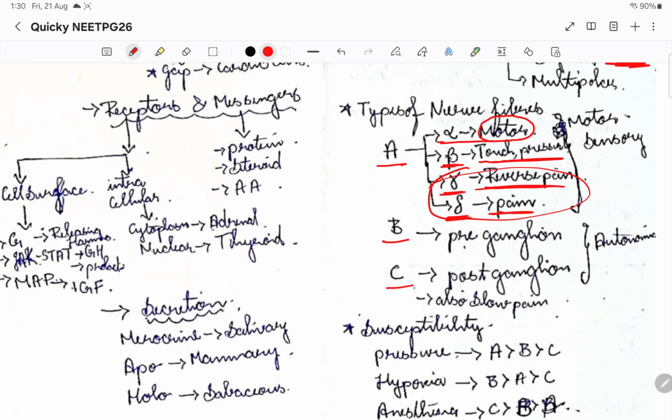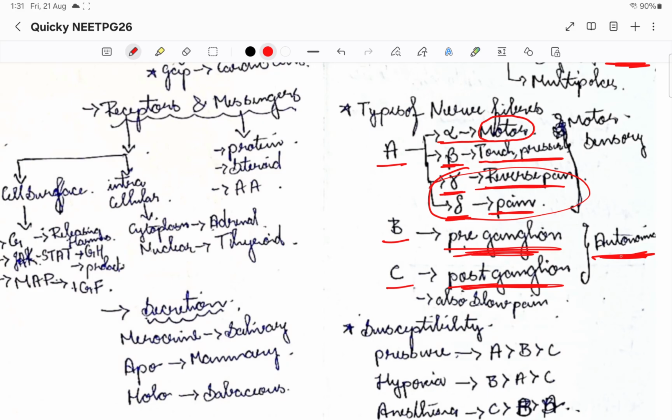Okay, then coming to B fibers, it is going to be the autonomic nervous system. Autonomic nerve fibers will be the B and C fibers. So preganglionic will be B fibers, whereas postganglionic will be C fibers. What are preganglionic and postganglionic? I'll be teaching you later.